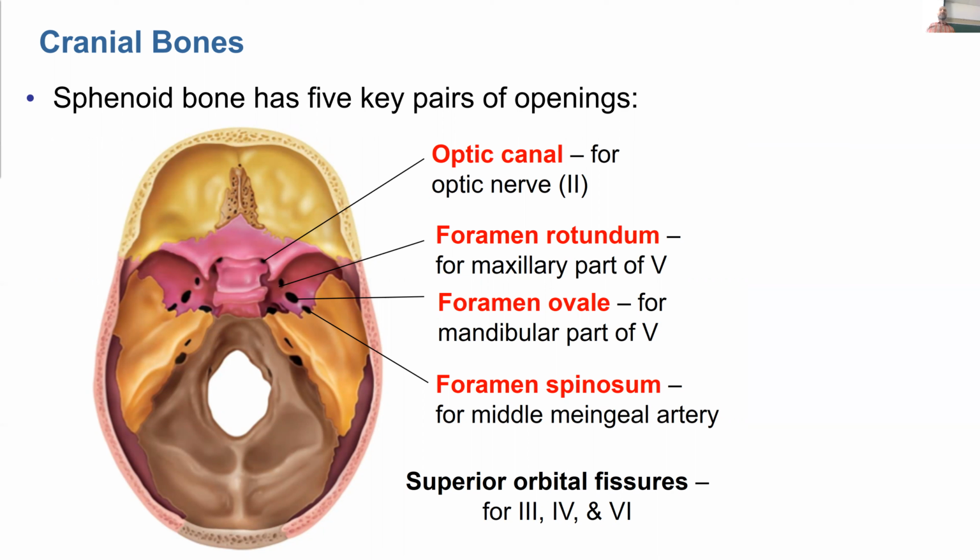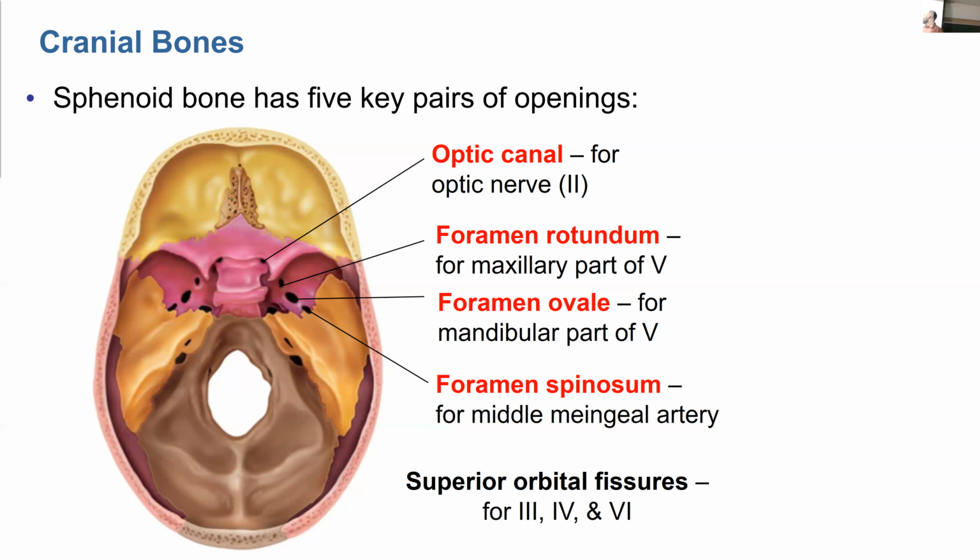But you've got the optic canal, the foramen rotundum, the foramen ovale, and the foramen spinosum. As with all of the other openings, holes and foramina in the skull, these are passageways for nerves, in this case different cranial nerves, as well as arteries and veins.